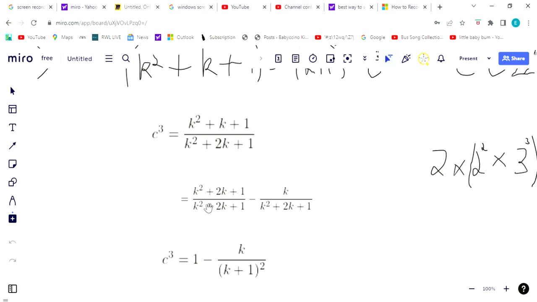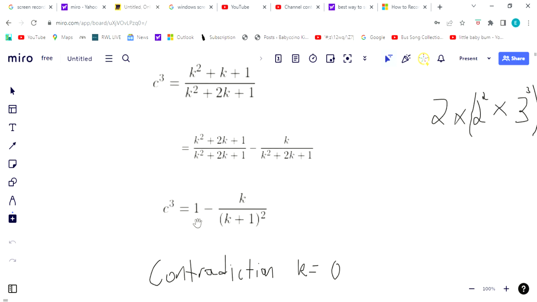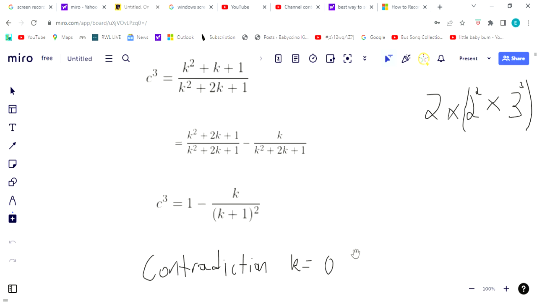This is a standard way of doing partial fractions very quickly, but we can make this into 1 minus k over k squared plus 2k plus 1, and get a contradiction, because the only cube number which equals 1 minus a positive integer is 1, and if c cubed is 1, k is 0. k is supposed to be a positive integer, hence you can't do that.